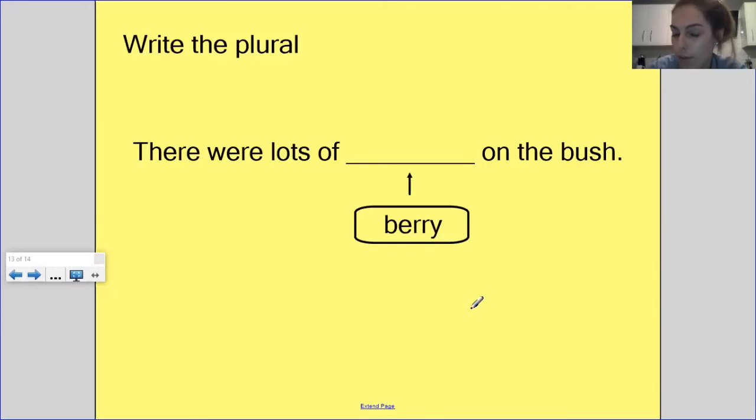So you need to think carefully about the rule today and how we could change that singular word into a plural. There were lots of berries on the bush. Pause the video here, have a go at applying the word berries into that sentence.